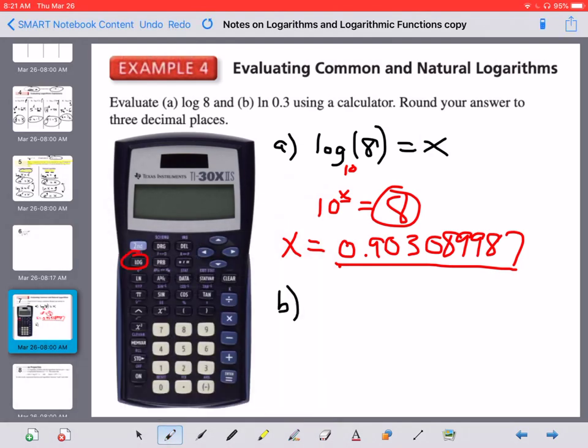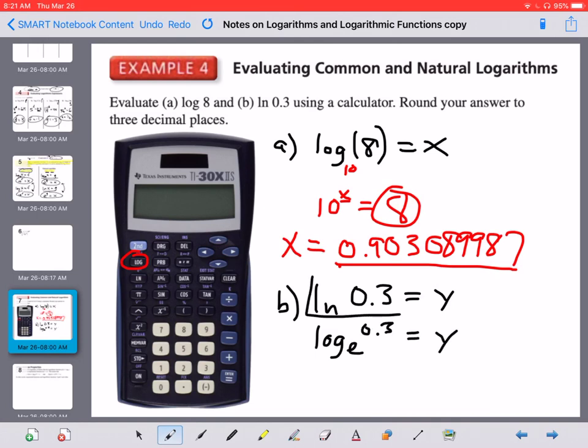All right, now let's do the next one, part B. So B is ln, natural log of 0.3 equals y. Now just remember, this is the same as log base e of 0.3. But again, you're going to see it written like ln whenever base e is used.